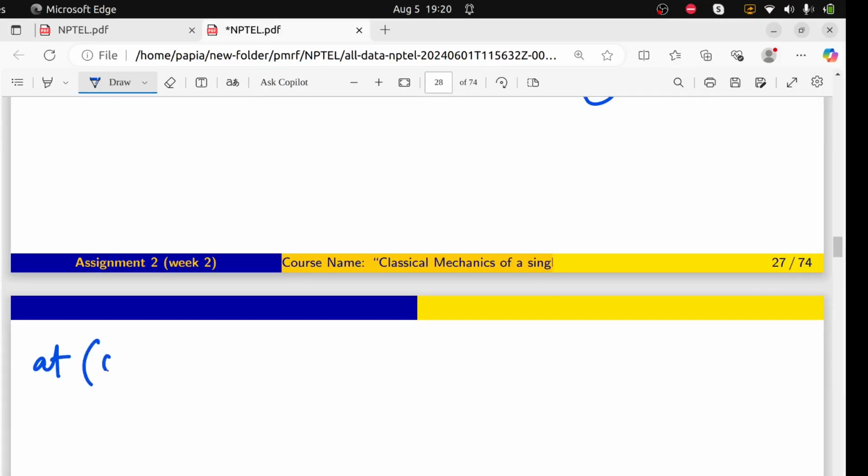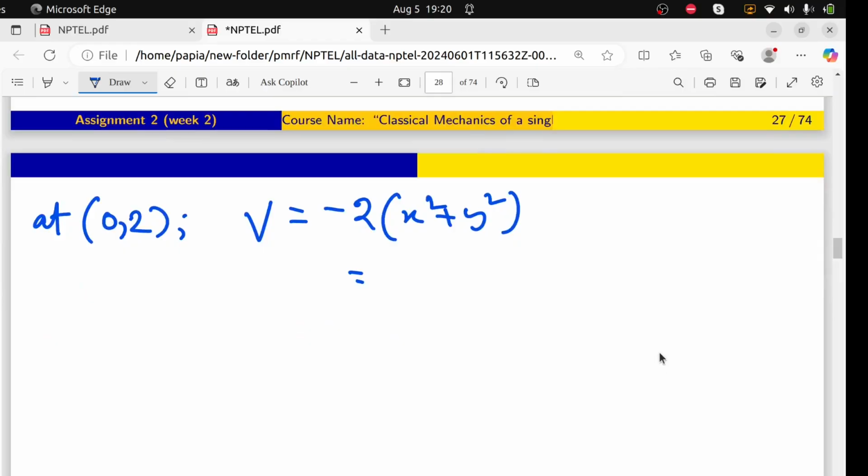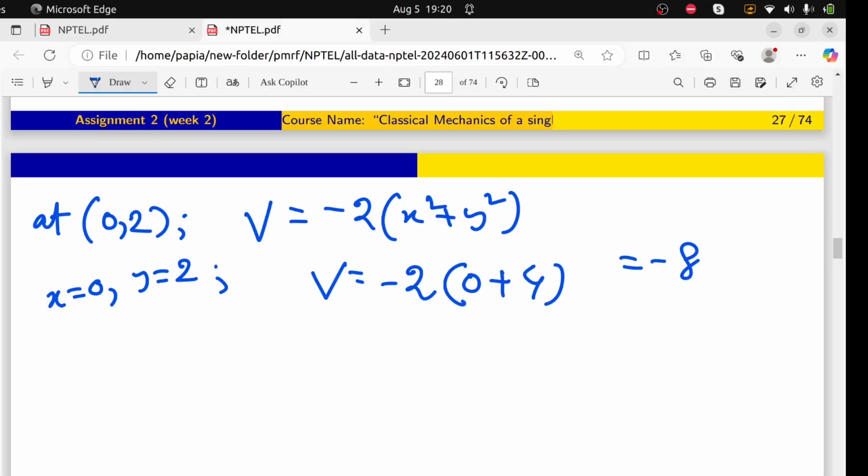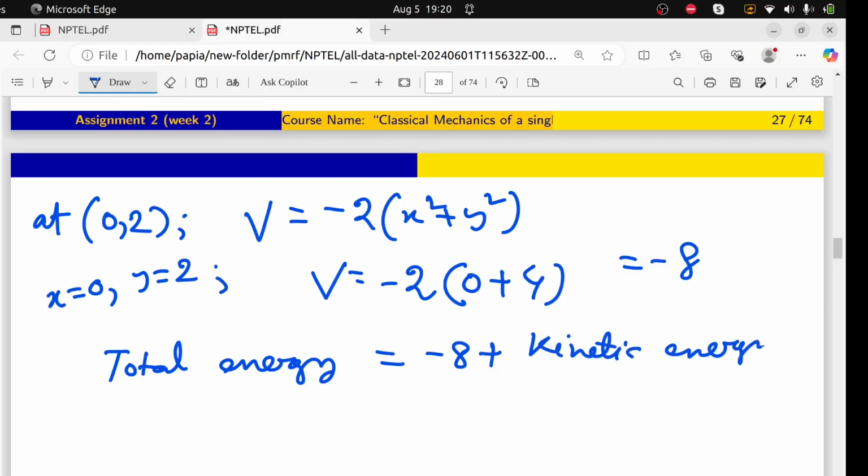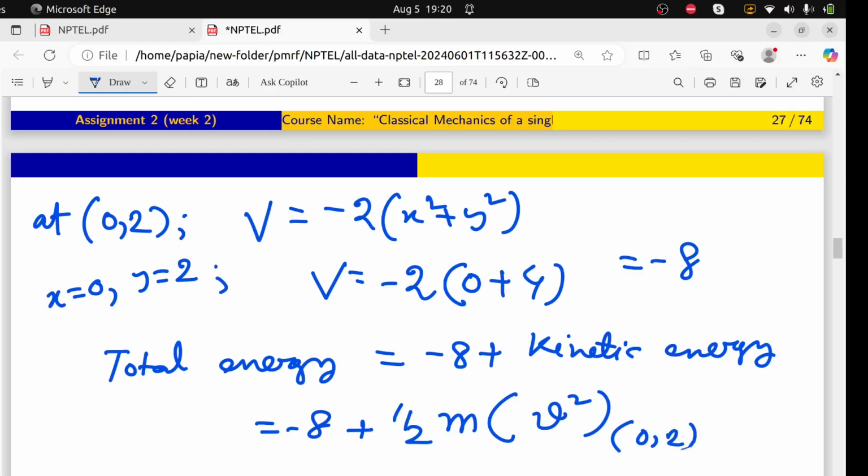Okay, so at 0, 2 what is our potential energy? So at 0, 2 means x equals 0, y equals 2. So our potential energy is minus 2 times 0 plus 4, so minus 8. And total energy equals minus 8 plus kinetic energy, so plus half m v squared. What is v at 0, 2?